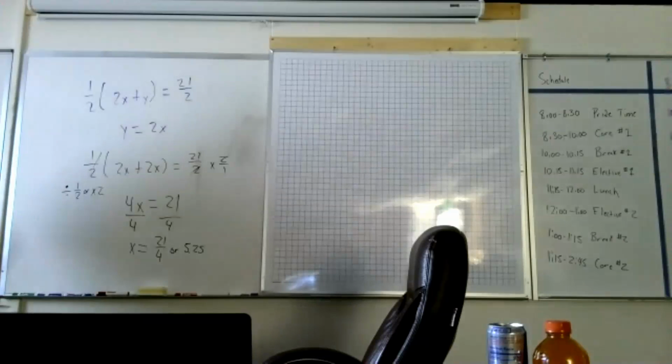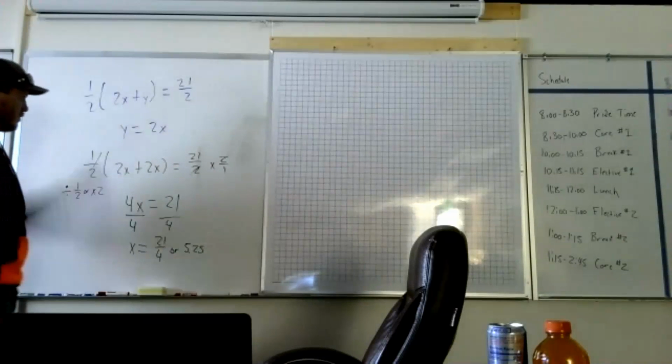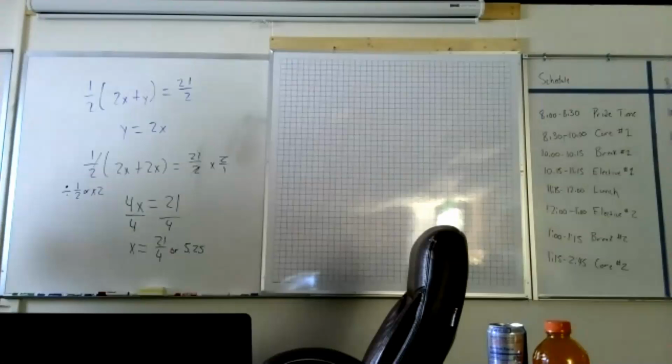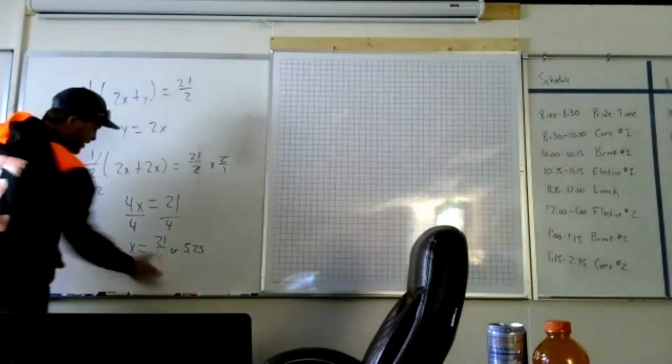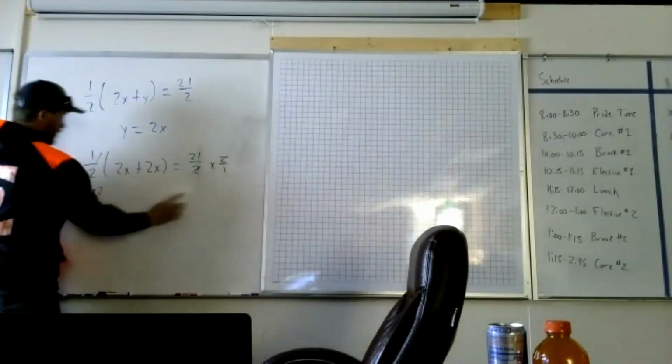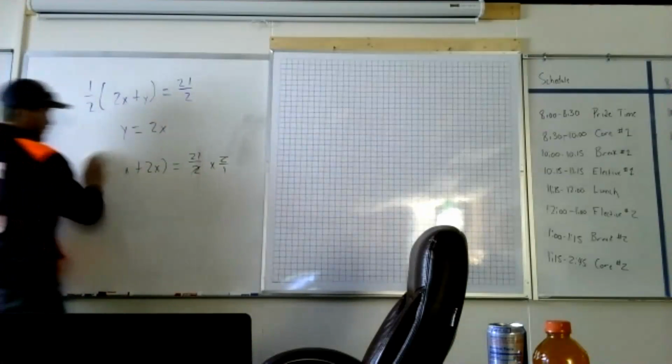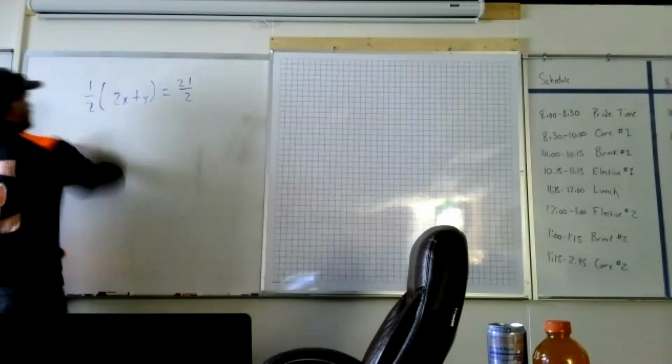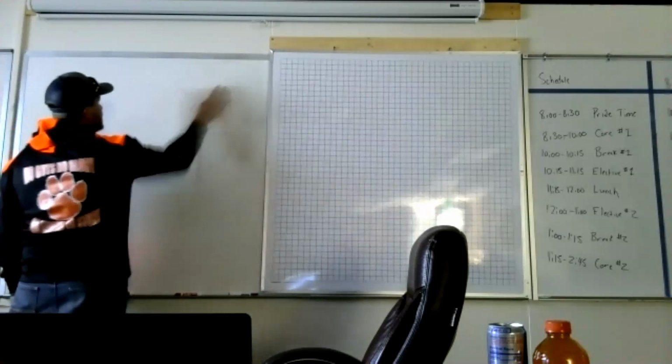But it was set up pretty easy for substitution, so that's the method that we want to choose. Remember, these all come from the SAT, and we want to be as efficient as possible anywhere as possible. Okay, so we can be one thing, we can be efficient.